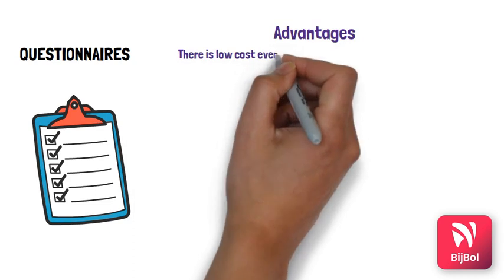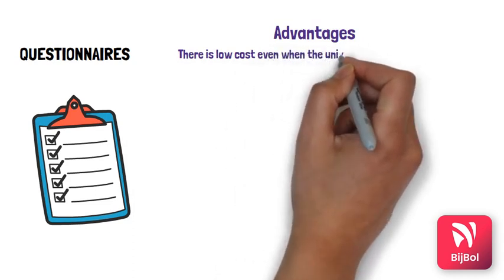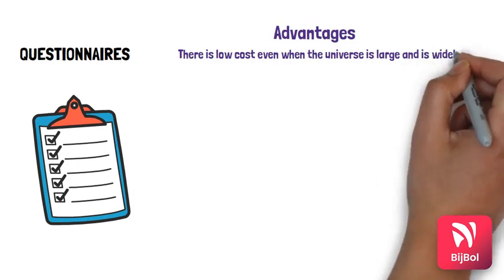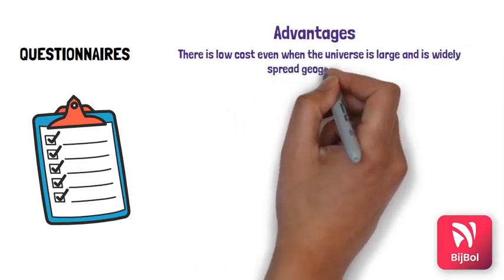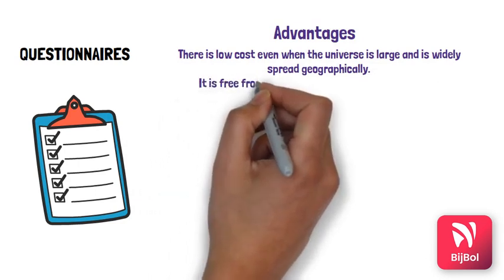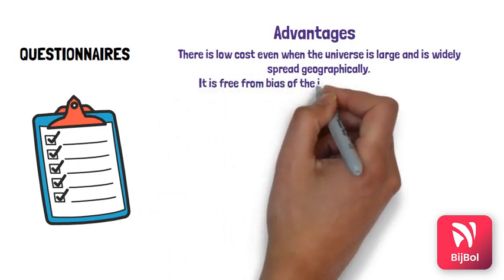Its advantages are that it is of low cost even when the universe is large and is widely spread geographically, and it is free from bias of the interviewer. Answers are in the respondent's own words, because here the interviewer is not present in front of you.